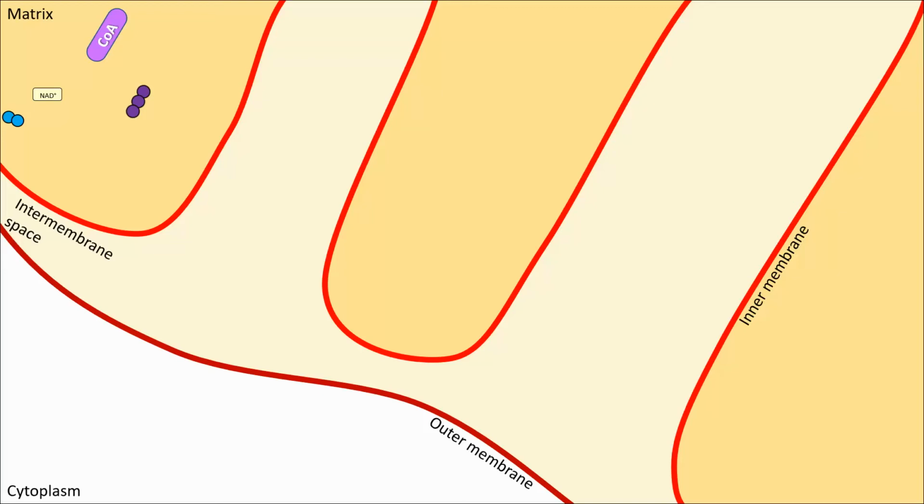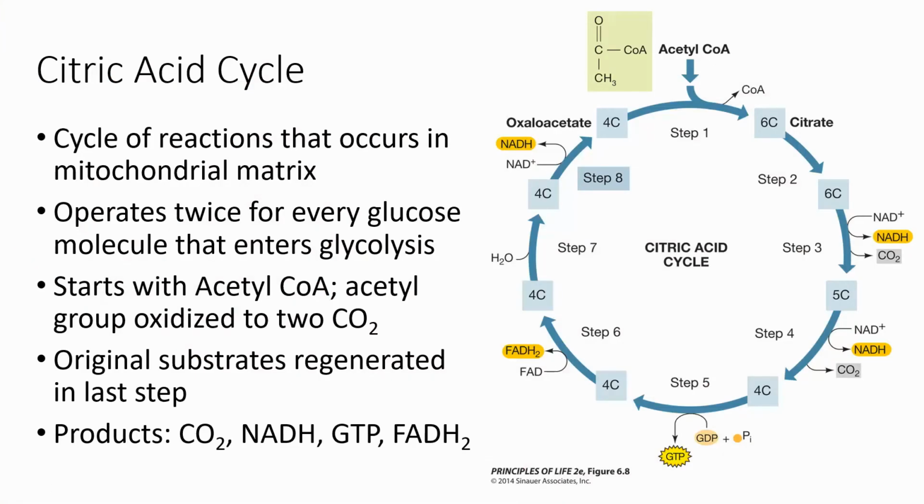We've also got oxygen sitting around, and what's going to happen is pyruvate oxidation is going to take that 3-carbon pyruvate, turn it into a 2-carbon group that's attached to the CoA to make acetyl-CoA, and there's going to be a waste molecule of carbon dioxide, and then you're forming an NADH. So that's happening during pyruvate oxidation. The entire purpose of this is to make that acetyl-CoA so it can be fed into the citric acid cycle.